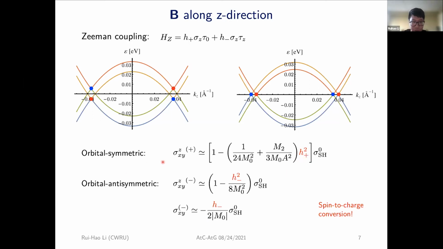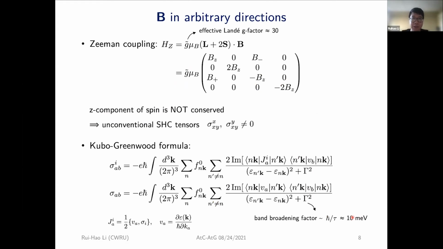And for the anomalous Hall conductivity, the orbital symmetric term does not contribute. And the antisymmetric term will give rise to a correction that's linear in h, or linear in B. So in this case, because of a finite anomalous Hall conductivity, there's spin to charge conversion when you apply the B field.